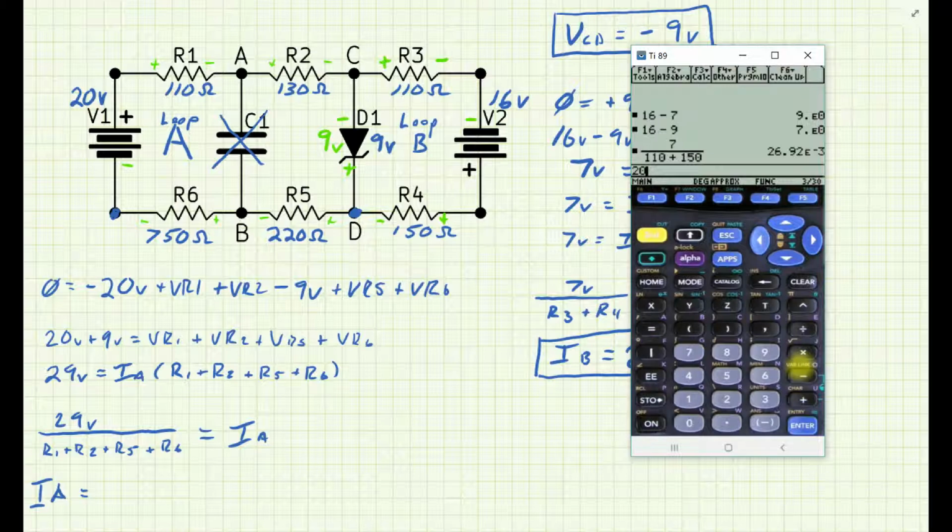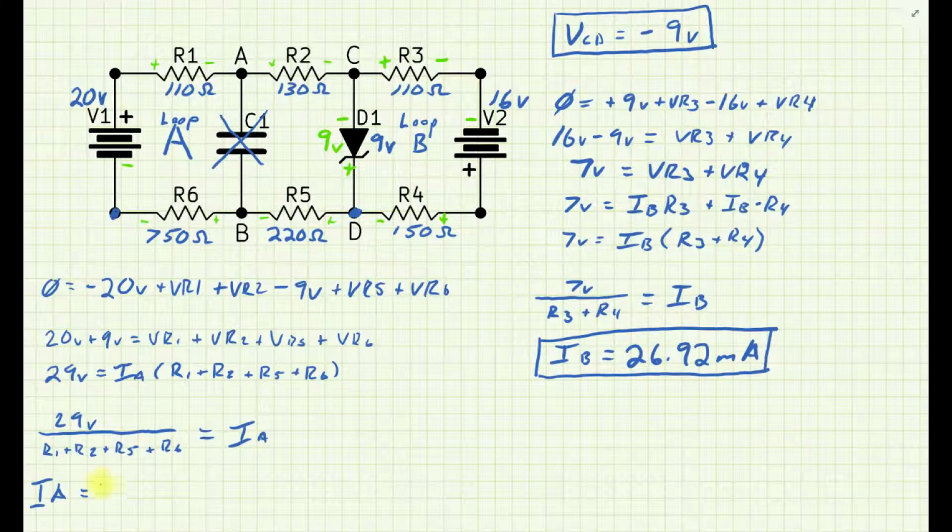So 20 plus 9 better be 29. Okay, so 29 divided by, well, let's make sure we get these in there. R1 is 110 plus 130 plus R5 is 220 plus R6 is 750. That's what I've got written down there. Okay, so 23.97 milliamps.